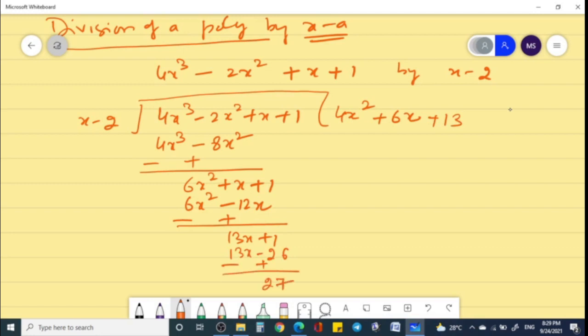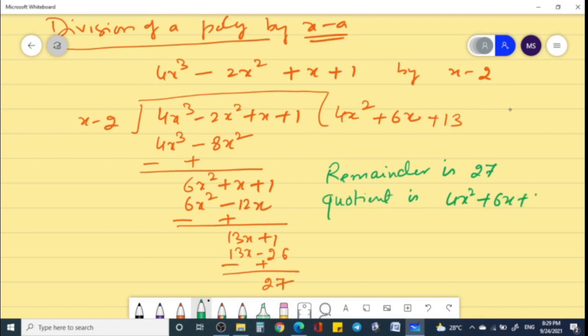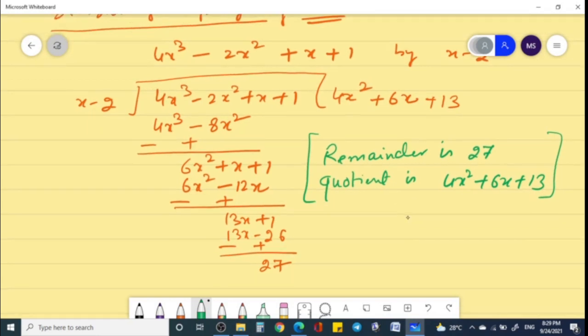Now we see that the remainder is 27 and the quotient is 4x square plus 6x plus 13. So in this way we find the remainder and quotient by the long division method. But it is not a very practical method when the degree is 4 or higher.